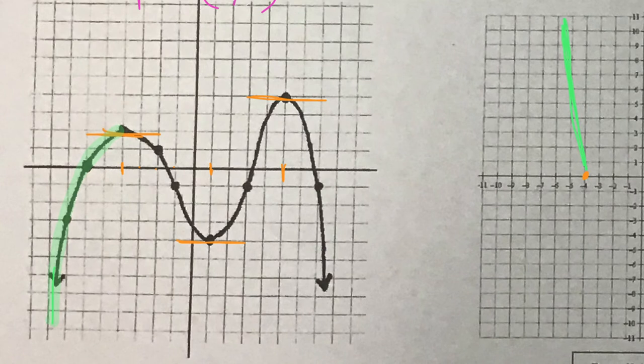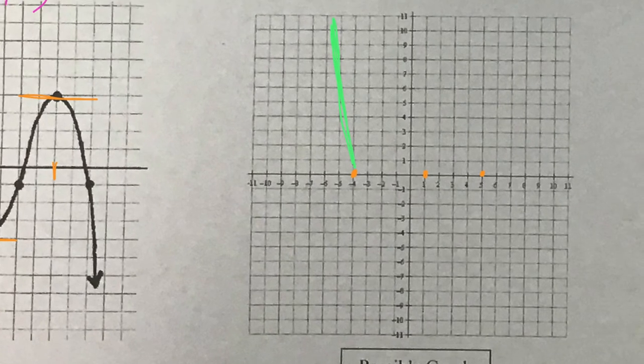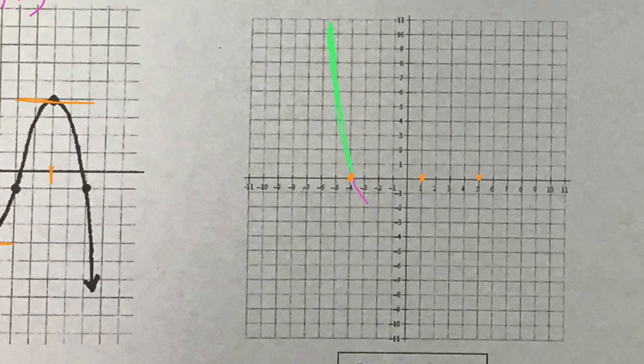And then these are all decreasing intervals, from looks like -4 to +1. So I know that on the interval between these two points, -4 and +1, my f prime will be below the x-axis. I don't know how far down it goes, and I don't know exactly what that point down there is at the moment.